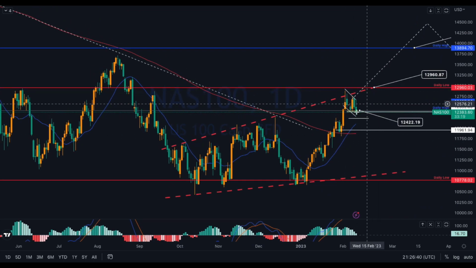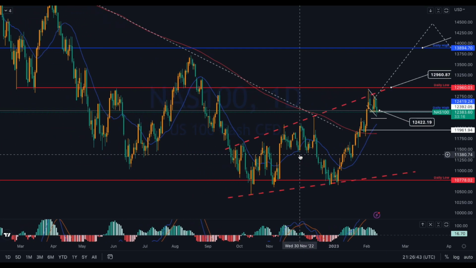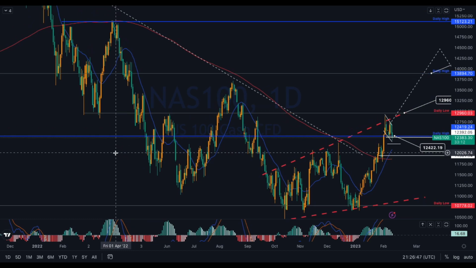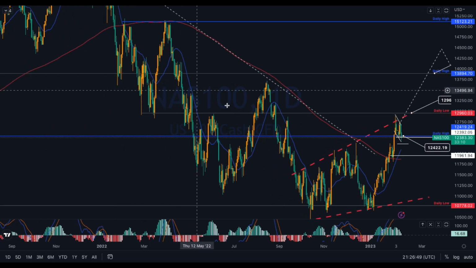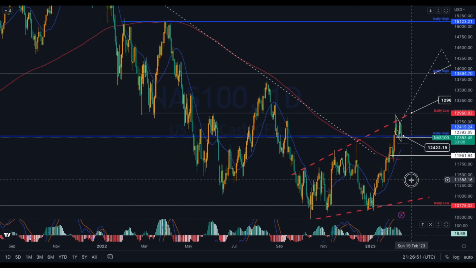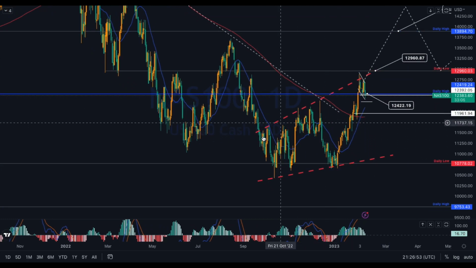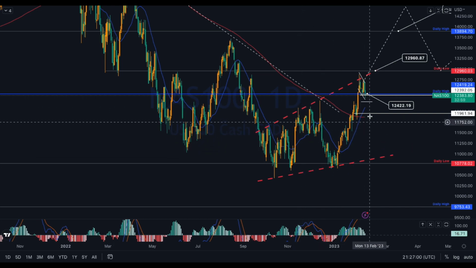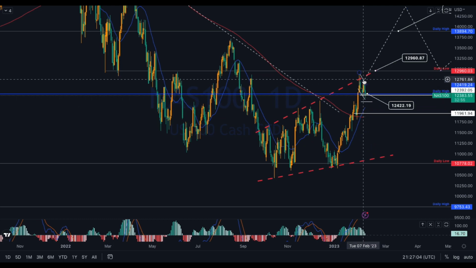So that's one thing. Now, the second situation is the fact that this overall market structure that we're looking at right now is in fact a downtrend. And if you look at this particular trend in the structure in between the two red lines, the ascending widening wedge that we can see over here, this too has a tendency to break downwards.